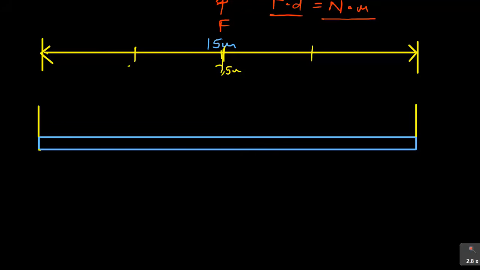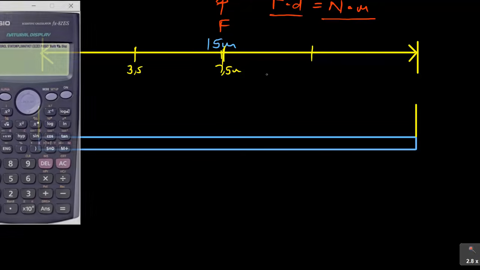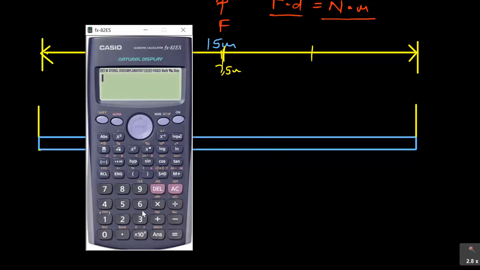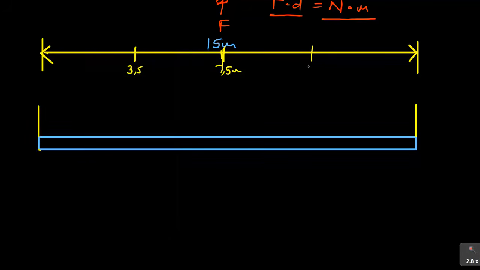So here you expect it to be around 3.5, and then here you add again 7.5 plus 3.5. It gives me 11. So you expect this part to be 11 meters. All right, this is just a rough kind of a thing.